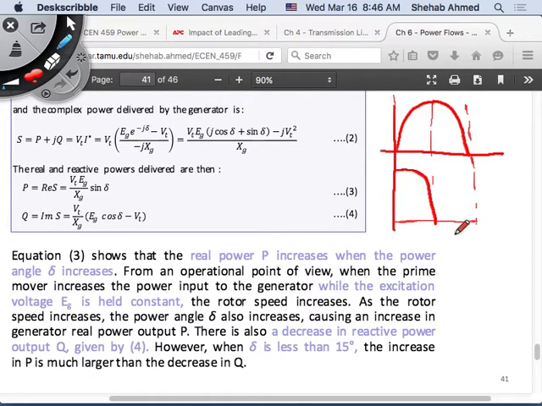Not as nice, but it's for a reason. I drew it a little bit flat because of something I want to explain here. So this is sine, cosine.